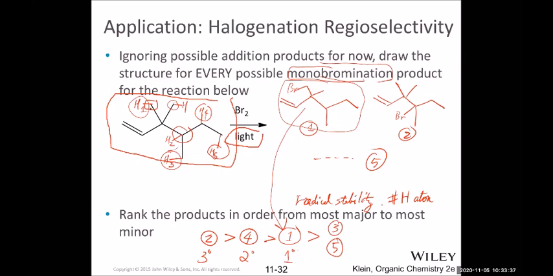So positions 1, 3, and 5 all are methyl groups that lose a hydrogen to be replaced by the bromine. The more such hydrogens, as in this position where we have twin methyls, the more chance of getting substituted by the bromine. So that's the discussion about ranking the amount of product from the reaction. Stability is the most important.